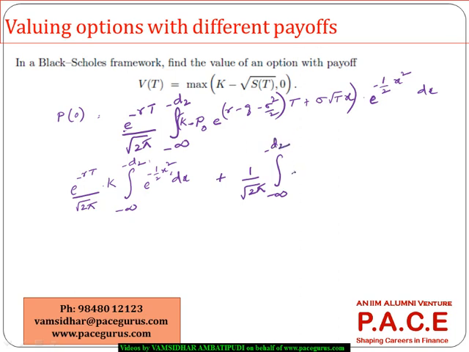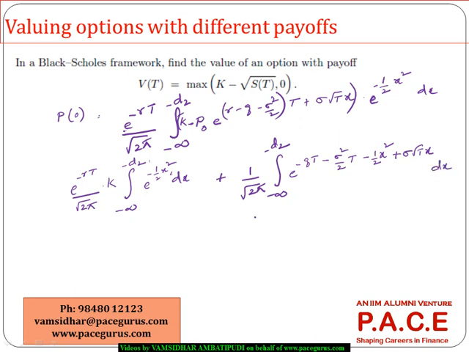So I'll get it as e power minus qt, e power minus qt, minus sigma squared by 2t, minus half x squared plus sigma root t x dx.